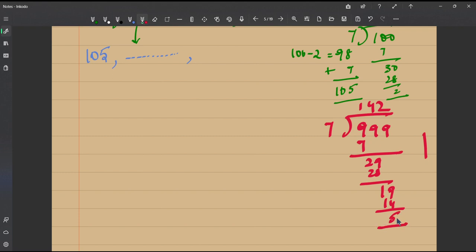So if 5 is the remainder, if you subtract 5 from 999, you arrive at a number which is divisible by 7. This 5 is excess. Just subtract the 5 from 999 and you get 994. This is going to be our last three-digit number which is divisible by 7.